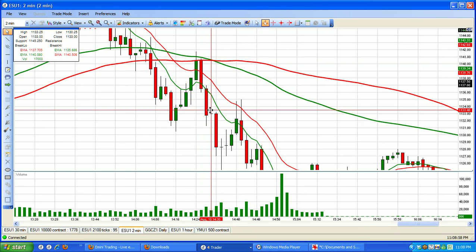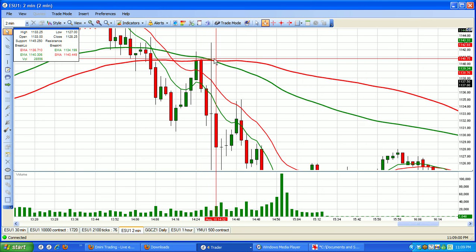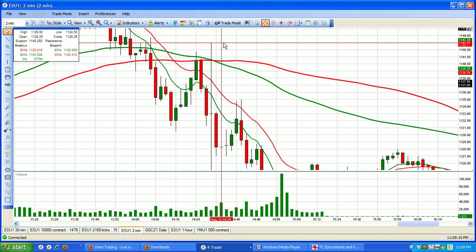But look what happens right here. You get the green below the red. Uh-oh. What's happening? You got green below red. You pull back up here. Now look at this thing. This is incredible. 1141, we'll call it, is the pullback entry.